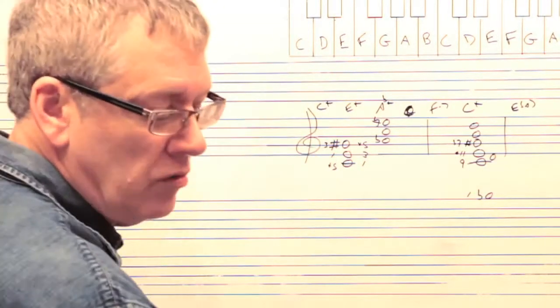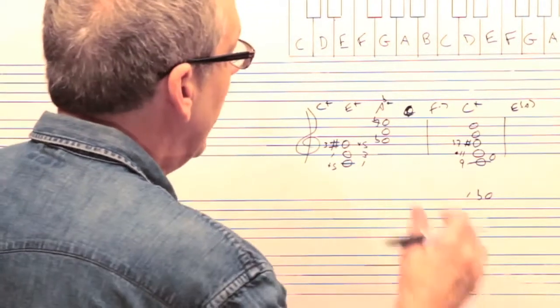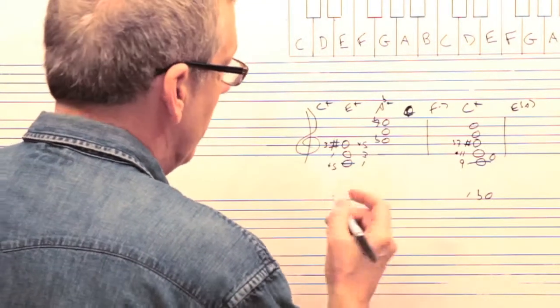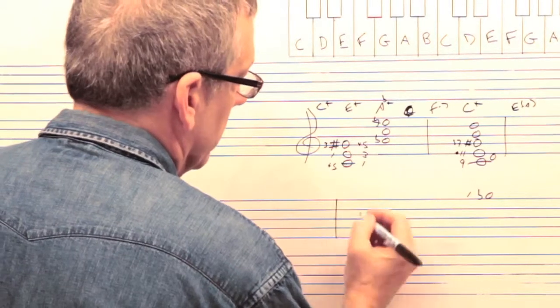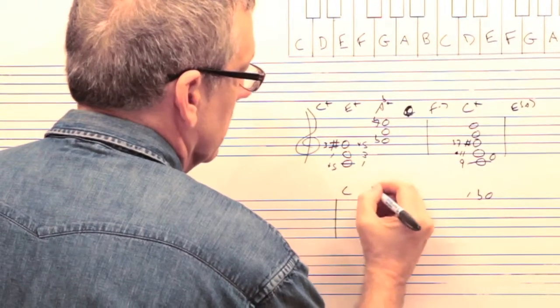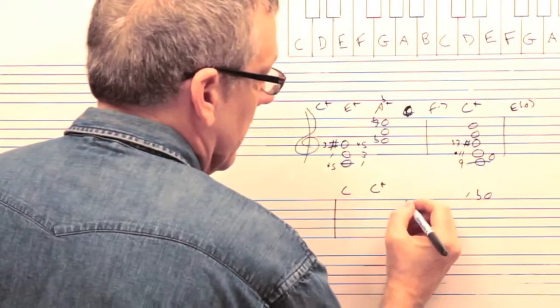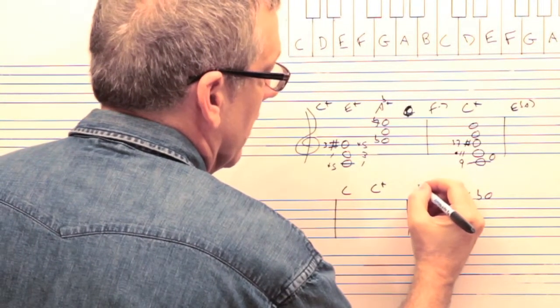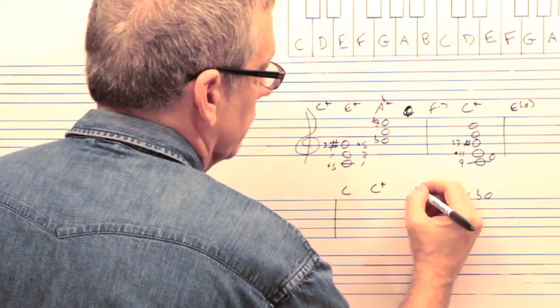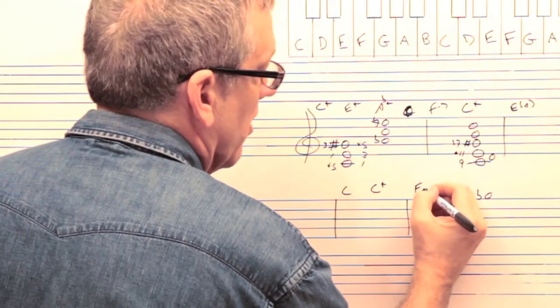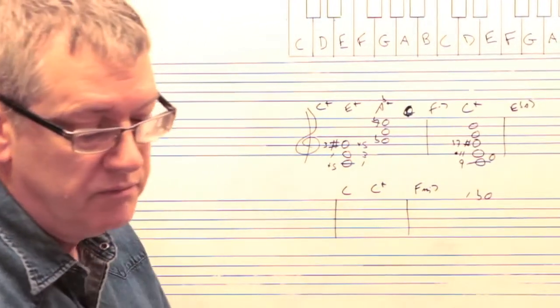So let's say we have an example that is C plus, and then we have F major 7.